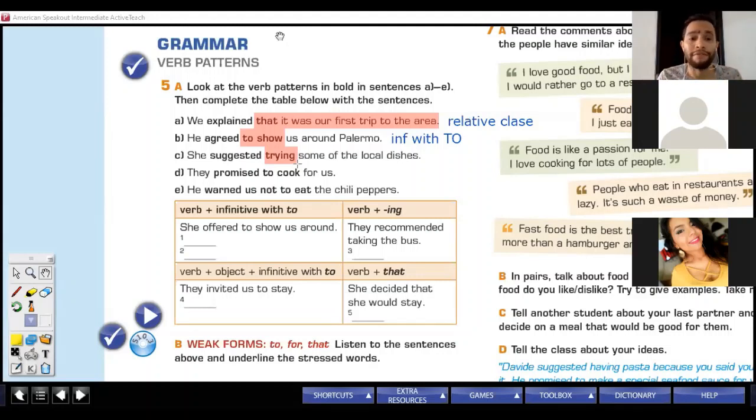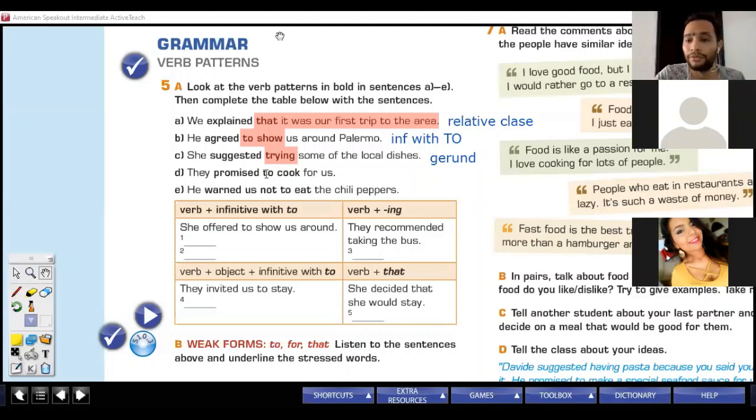So we are going to have a second verb just like this time, but different from the second example, or from example B. We are not going to use infinitive with to, but we are going to use gerund, right? So after the verb suggest and also after some verbs, we use the gerund form.